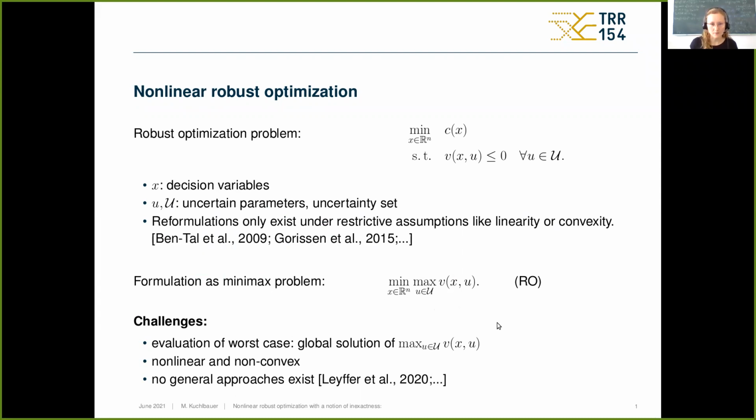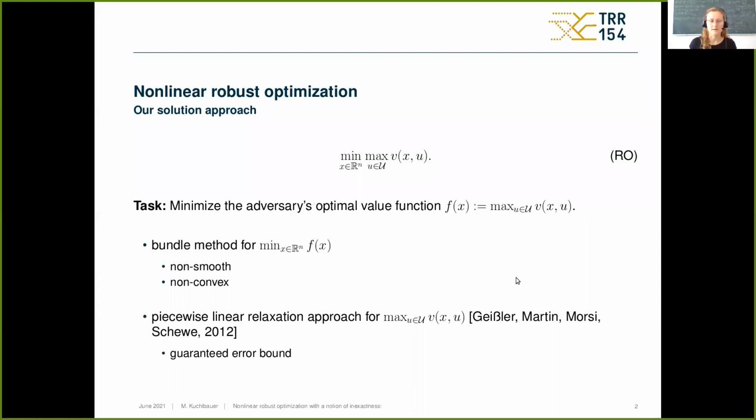So we want to tackle this problem via an adaptive bundle method. So what we do is we see this problem as a min-max problem, as a non-smooth optimization problem. So we have a minimization problem with the optimal value function of the inner problem as non-smooth objective function. And for this, we want to use a bundle method for this non-smooth optimization problem.